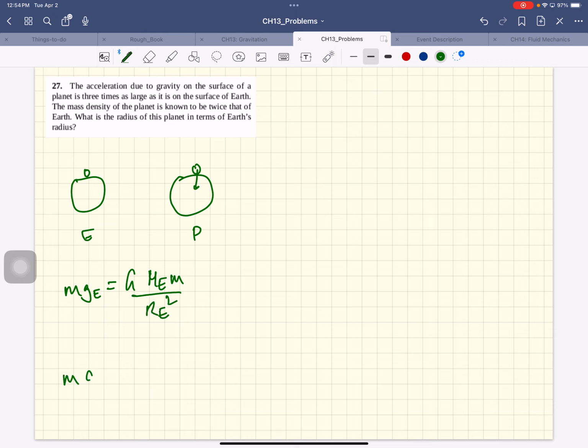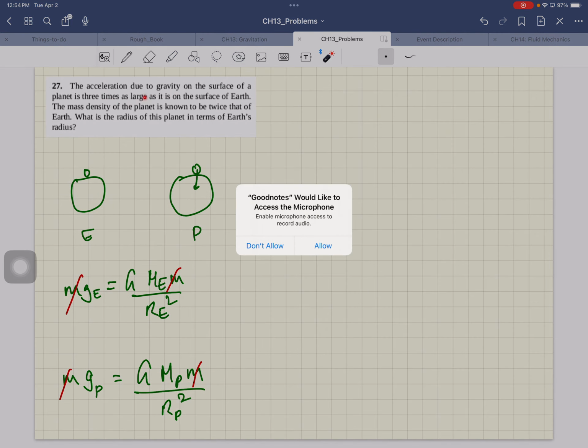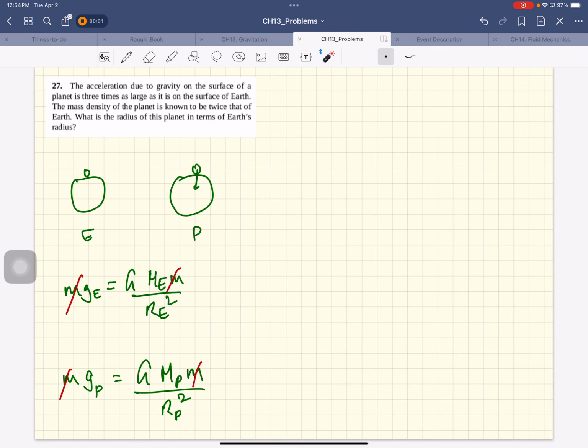And all right, so again, your mass cancels. What they tell you is the acceleration due to gravity on the surface of a planet is 3 times larger. The acceleration due to gravity on the surface, this thing is 3 times larger than that.